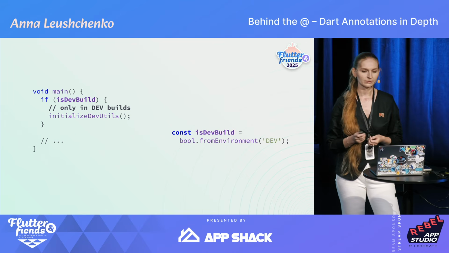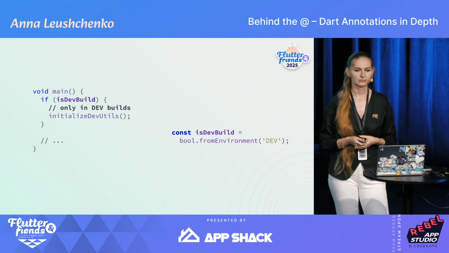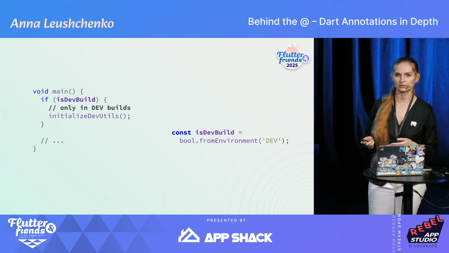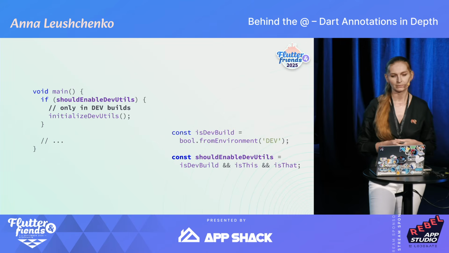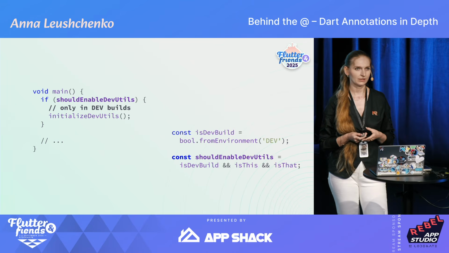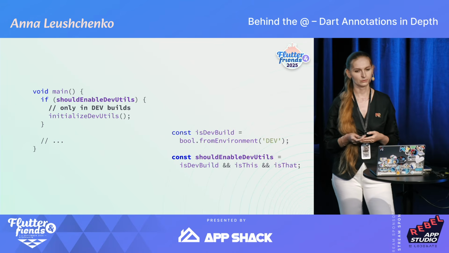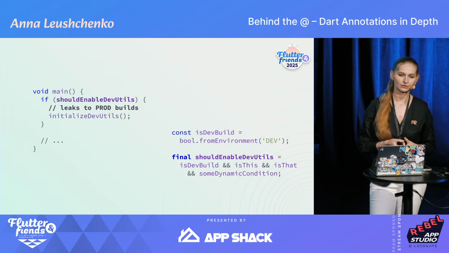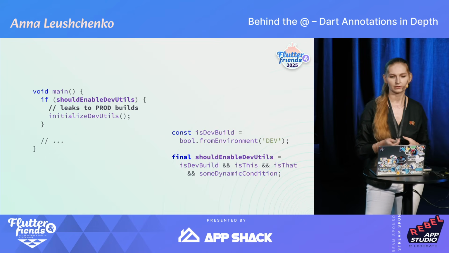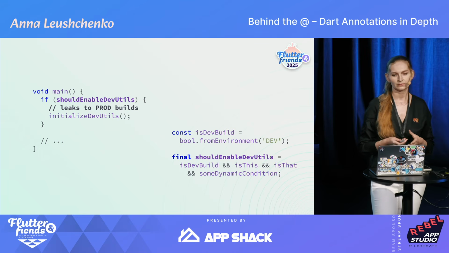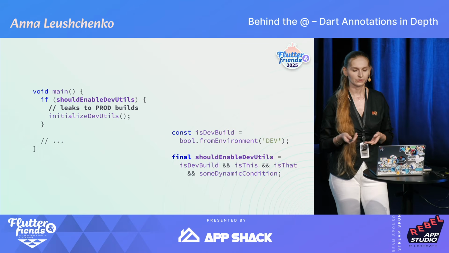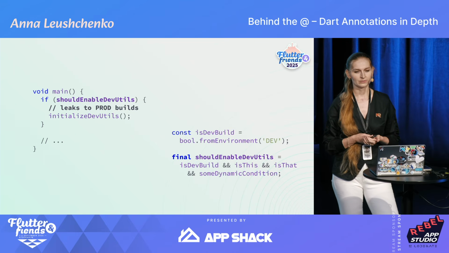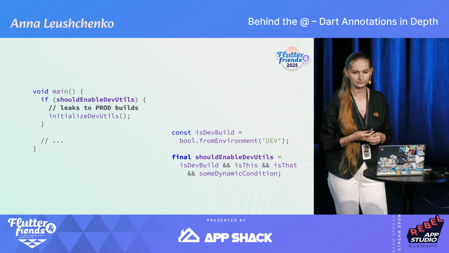And it is relatively easy to satisfy such a requirement at first when you're just developing the functionality and the condition is straightforward. But over time, conditions may stack up, the code gets moved around, refactored in a hurry, and before you know it, const gets replaced with final because of some dynamic condition. And without any warning, development utils leak to the production build, and nobody notices the problem until a few releases later.